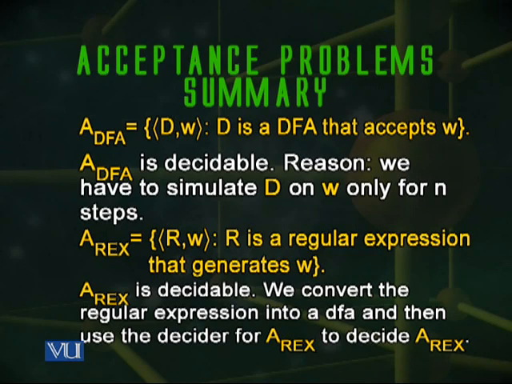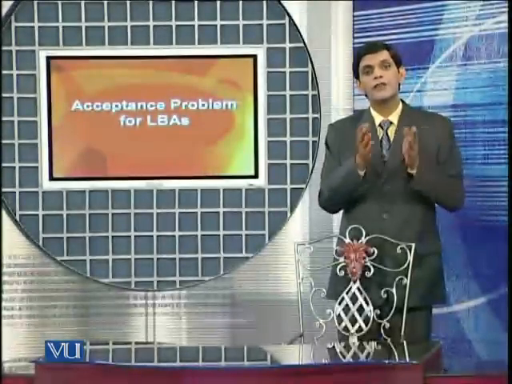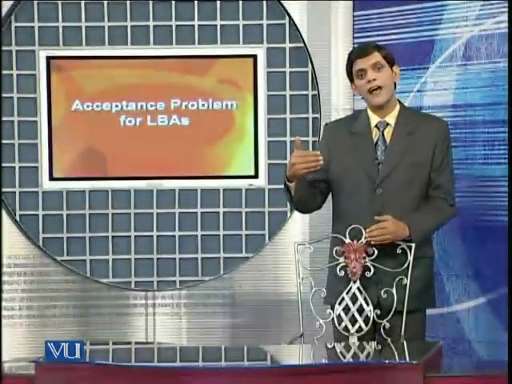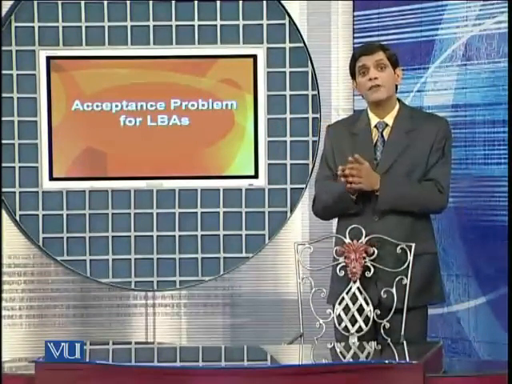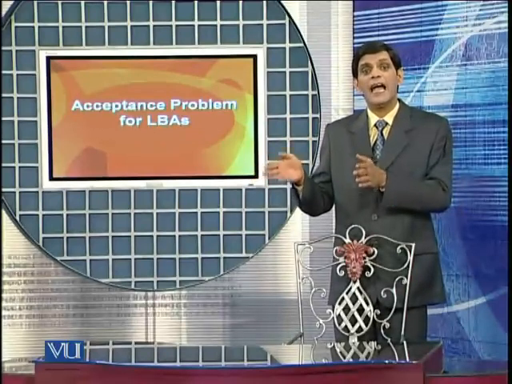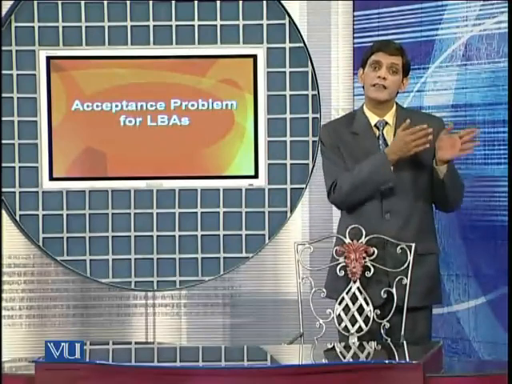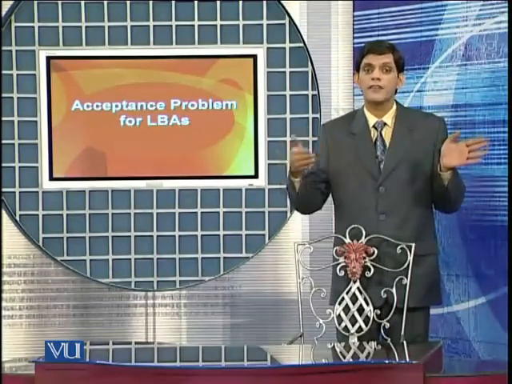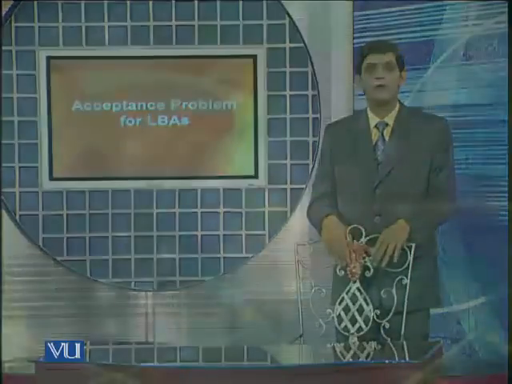There are algorithms that you have learned in your previous automata course which allow you to convert a regular expression into a DFA. Once we convert the regular expression into a DFA, we could use the decider for A_DFA to decide if the DFA will accept w. Answering that question is the same as answering whether the given regular expression generates w. So this way we were able to show that A_REG is also decidable.